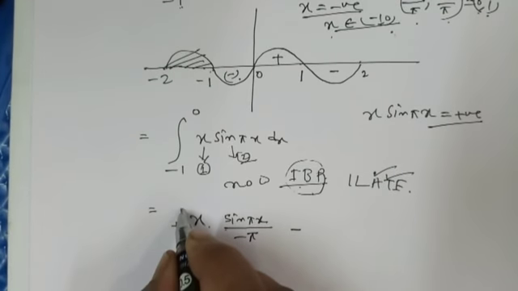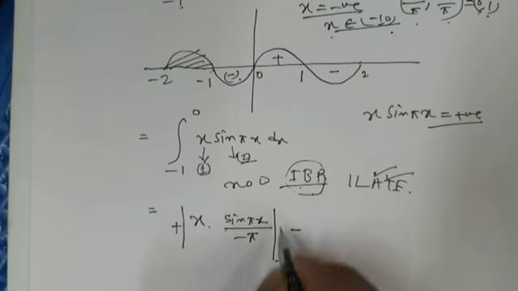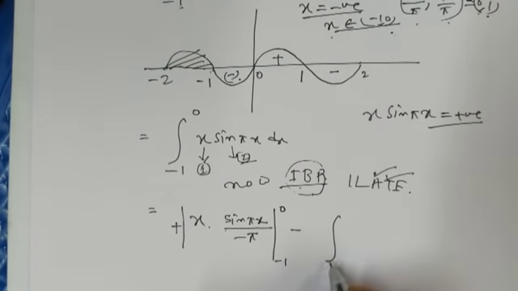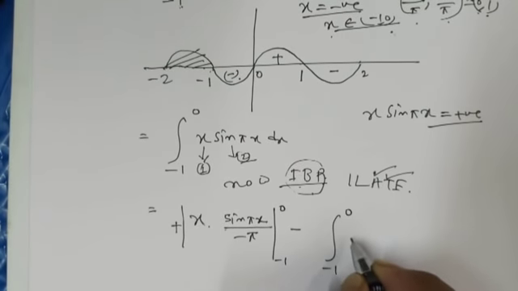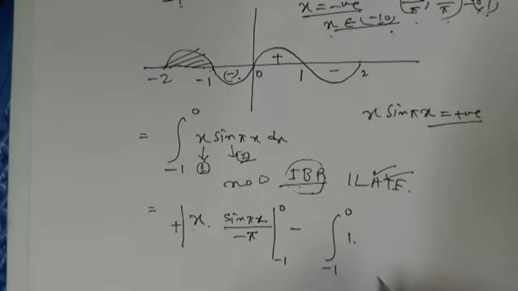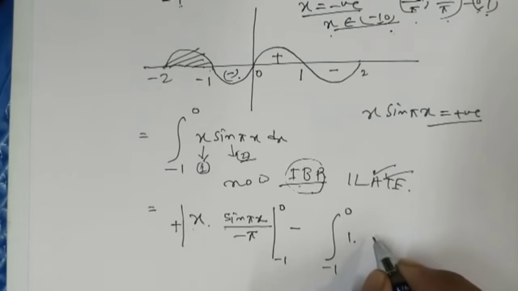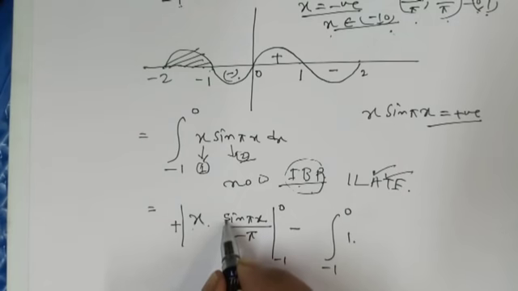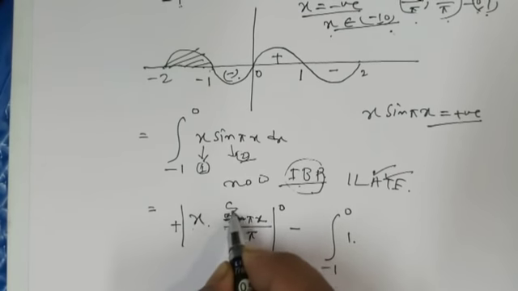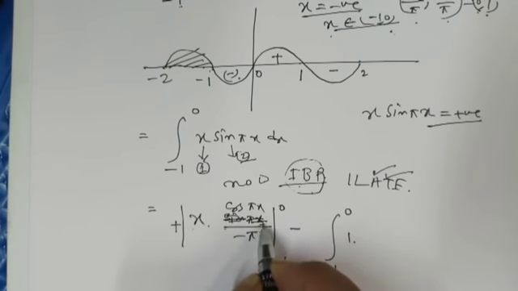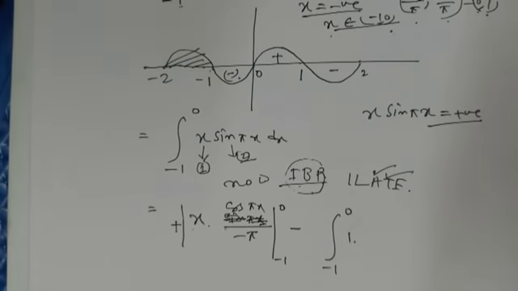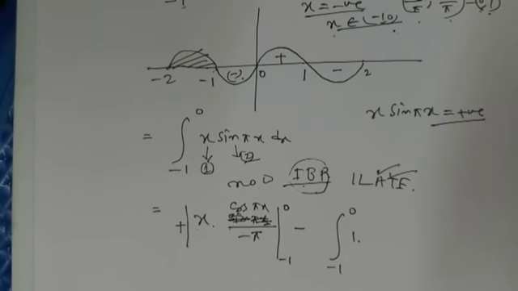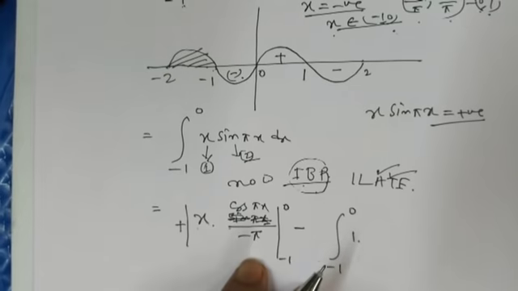Okay, so this is from -1 to 0, and minus integral -1 to 0, the derivative of x is 1 because x is the first function, and the integration of sin pi x is minus cos pi x by pi.